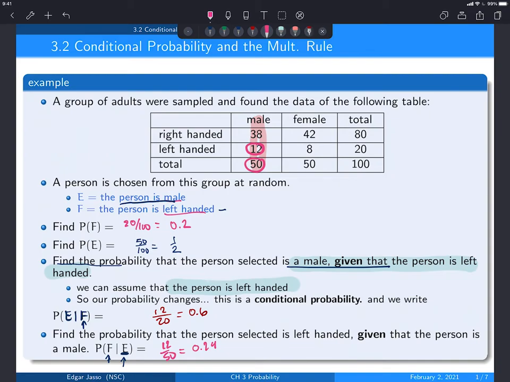I hope this makes sense, that we are getting these numbers from the table, and that you could have figured these things out even if I didn't tell you the notation. All we needed was to understand what this means, and that means this. Okay?